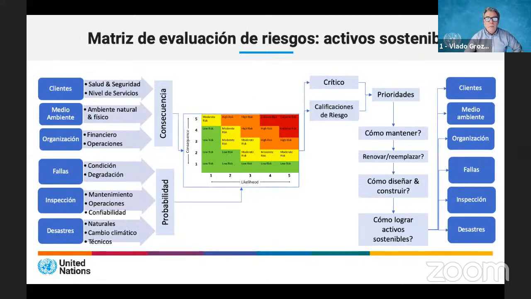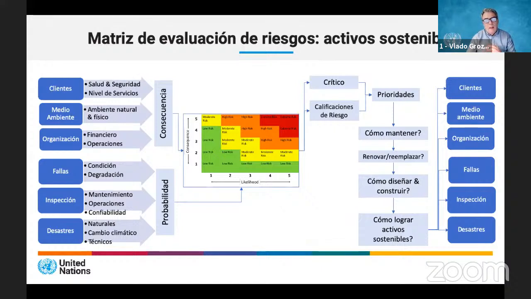Excuse me. How is the risk estimated? It uses, you have probably seen so many times, this risk assessment matrix, and two input components are the estimation of consequences and the likelihood or probability of failure.